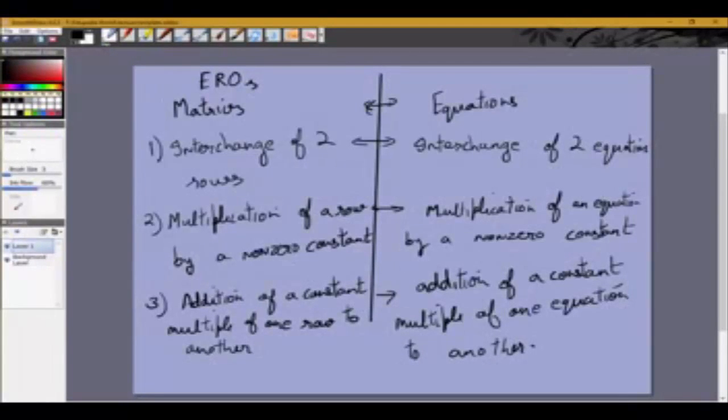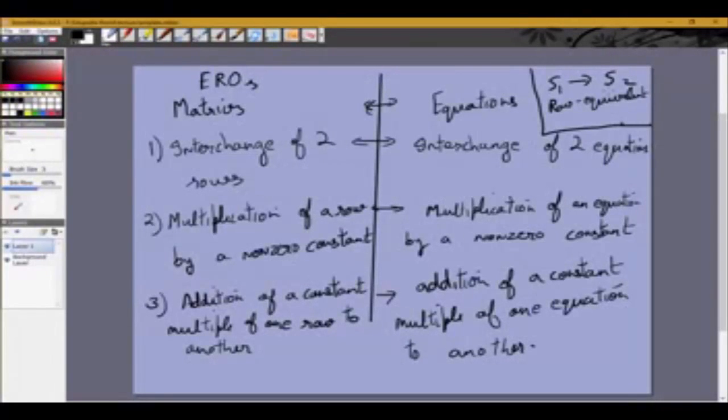So let's say initially you had a linear system of equations S1 and you did EROs on it and you got it to S2. S2 and S1 are said to be row equivalent if you can get S2 from S1 by finitely many elementary row operations. Right?